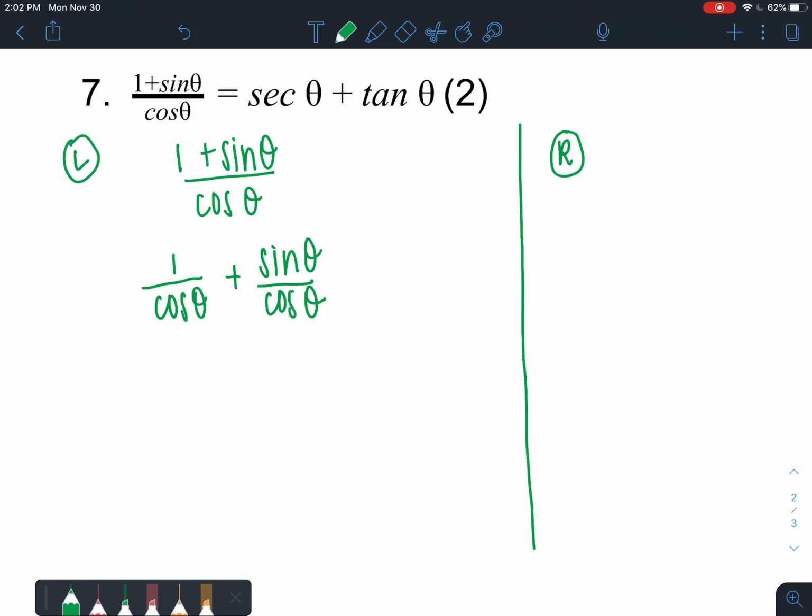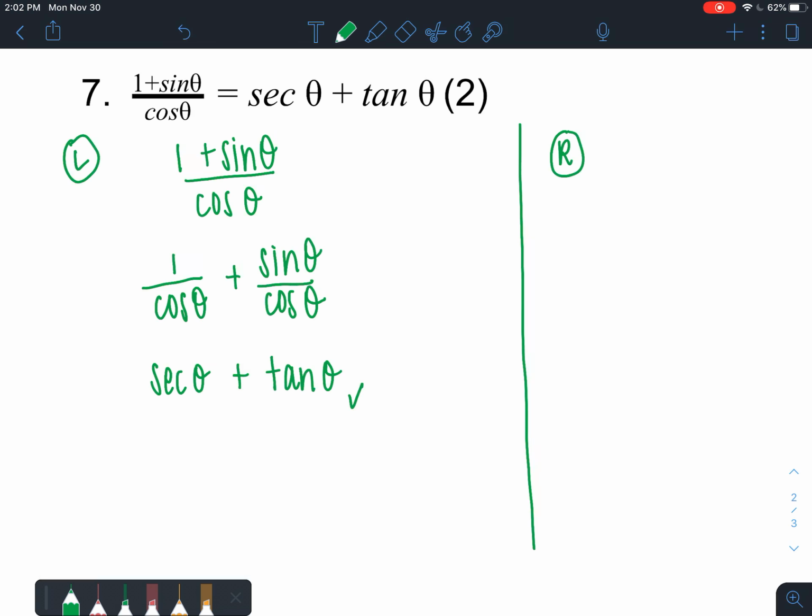Now, let's see where we're going. We're trying to get to secant and tangent, and we're given 1 over cosine and sine over cosine. You should notice straight away that 1 over cosine is secant of theta, and sine over cosine is tangent of theta. So we do end up with our final answer there of secant theta plus tangent theta.